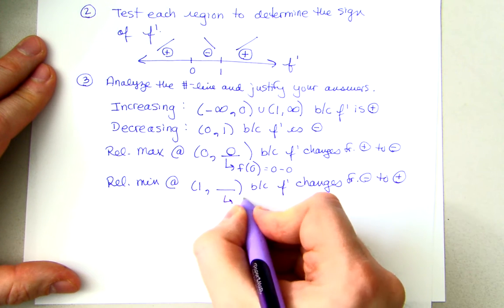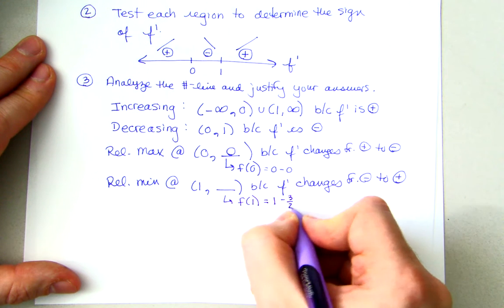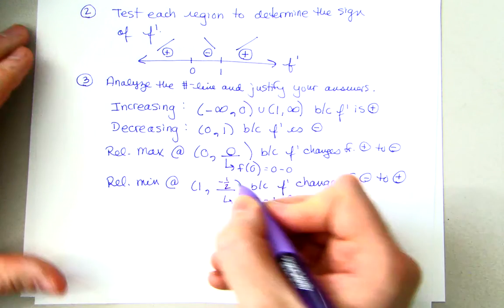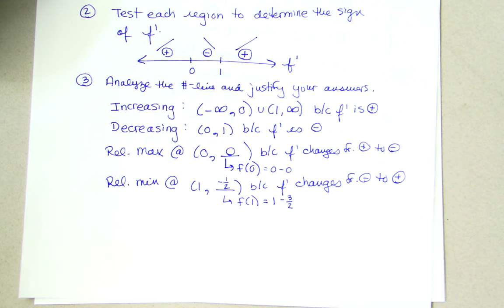I think you should be doing f of 1 to get your y value. So 1 minus 3 halves, negative a half. If I looked at the graph of this thing, there would be a maximum at 0, 0, a minimum at 1 comma negative a half, increasing at the start, then decreasing, then increasing. And we'll put all these ideas together in a couple days to actually sketch this thing. Not ready for that right now. We're just analyzing these. Anything on this process?